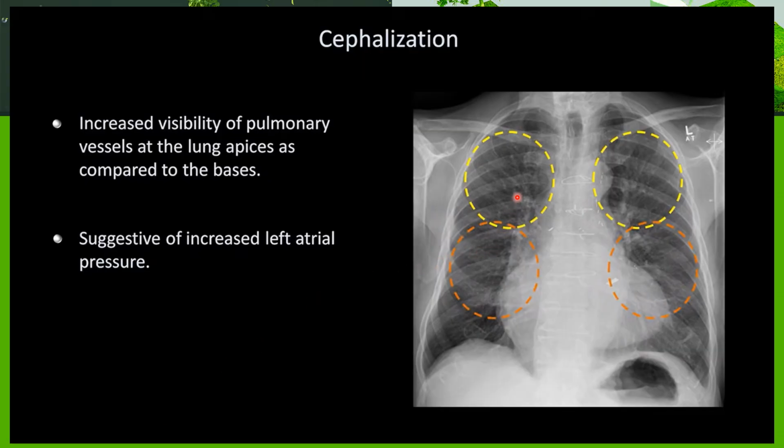Here you can see the previous normal X-ray, where you did not see the vessels physiologically, but here, because of upper lobe cephalization and diversion due to increased left atrial pressure, the vessels dilate, and you can appreciate multiple vessels here and their diameter is increased.